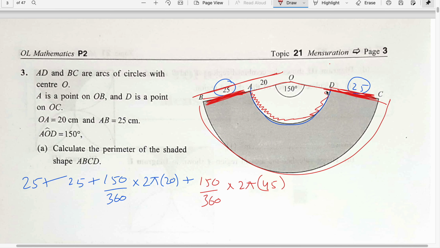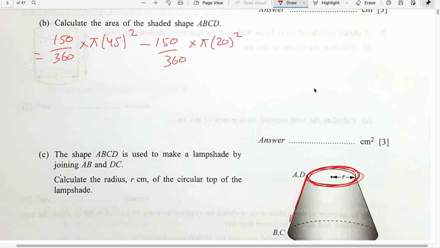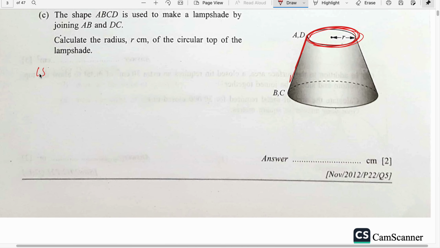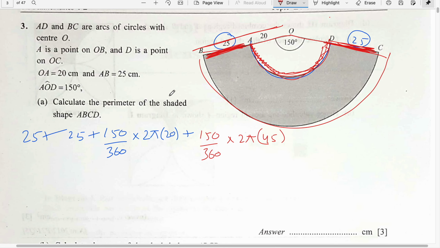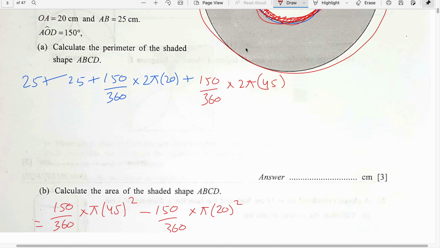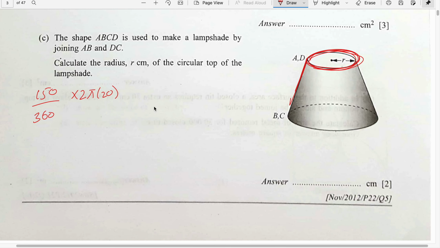If I say that the length of this section is angle by 360 into 2 pi r, any disagreement? Length of this section only, AD arc. Now this section is being turned into a circle.